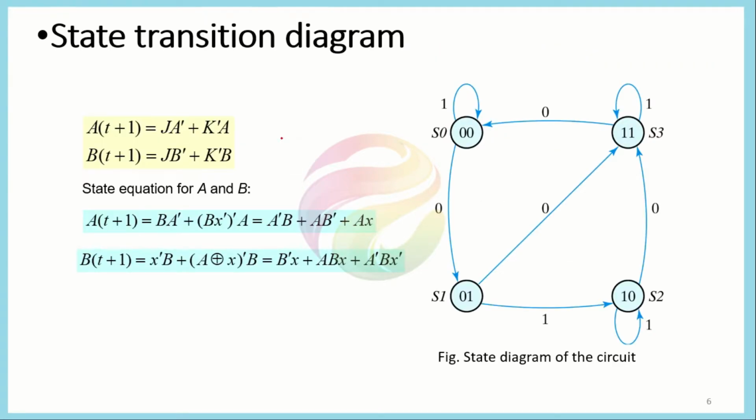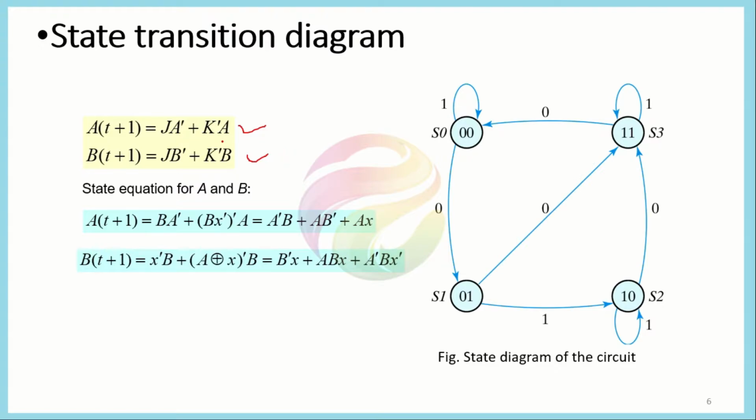As we know, for the JK flip-flop, the output is represented as this. Similarly, the state equation, or next state equation, for the flip-flop is represented as this one. So we simply place the values that we derived in the last slides into this equation.